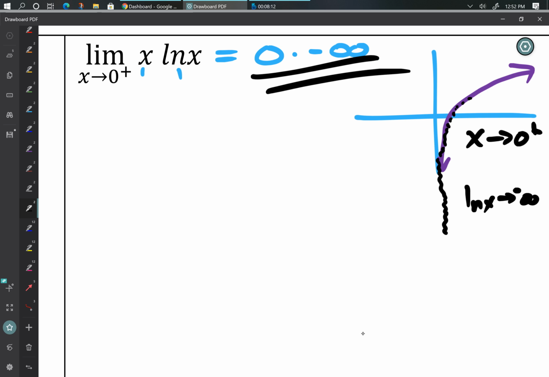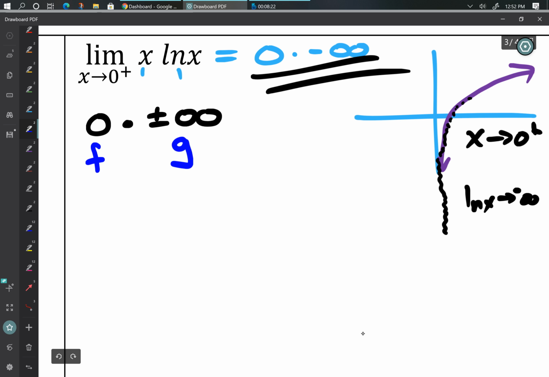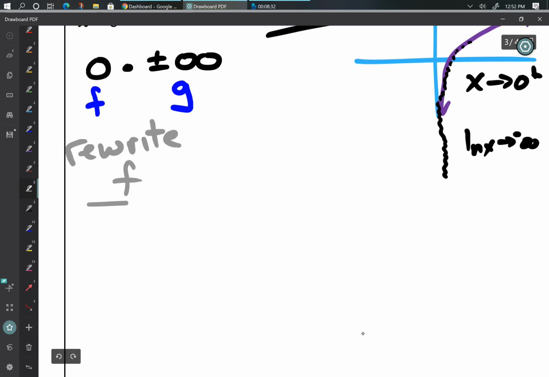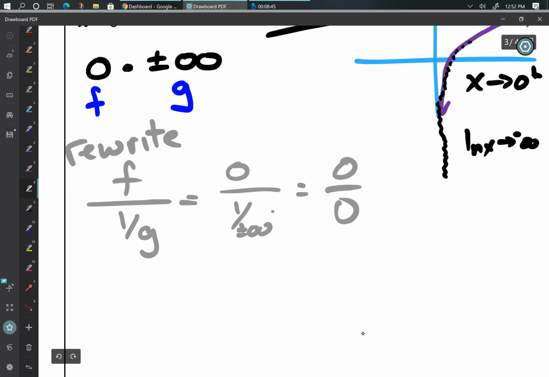So, if you have 0 times infinity, any infinity, positive or negative, and we call this the function f, and we call this the function g, you can rewrite this as f over 1 over g. That gives you 0 divided by 1 divided by infinity, which gives us 0 over 0, which is good for L'Hopital's rule.